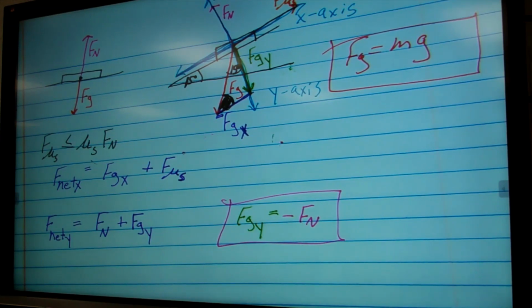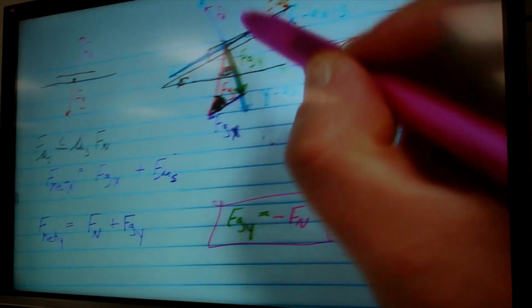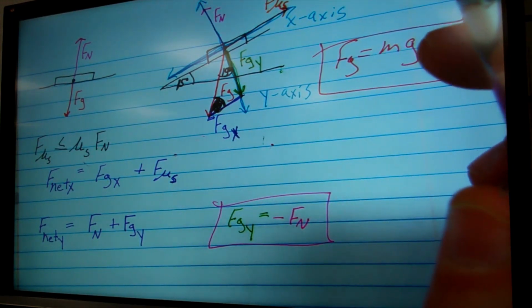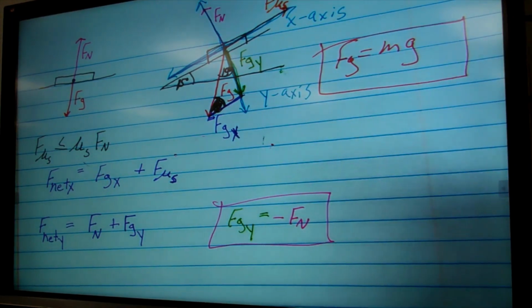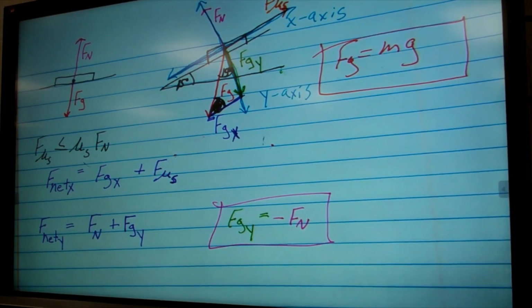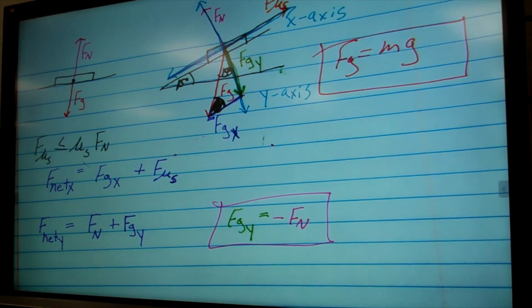Yeah. And so we would take the force of gravity and the tangent of 15 degrees. No, not the tangent. Adjacent over hypotenuse. There you go, cosine. Cosine of 15 degrees gives Fgy.